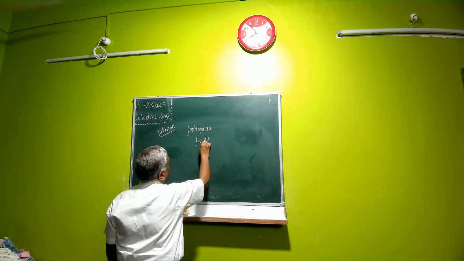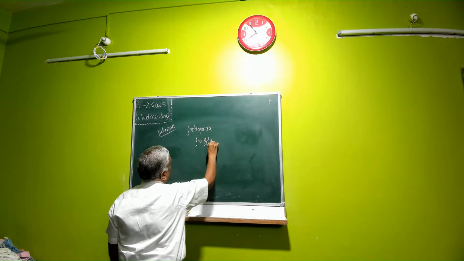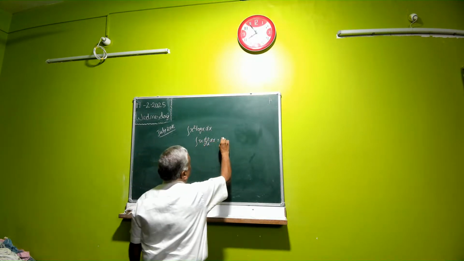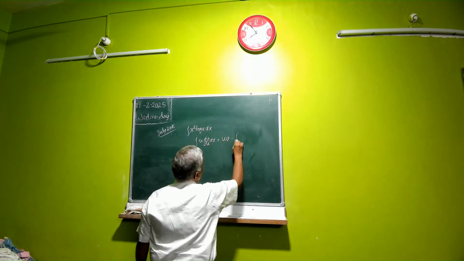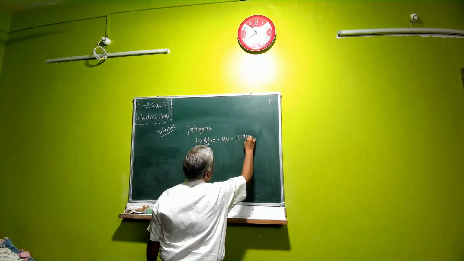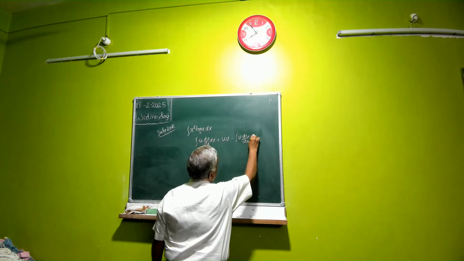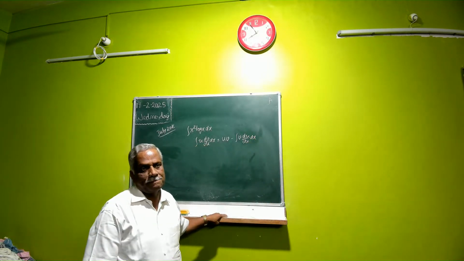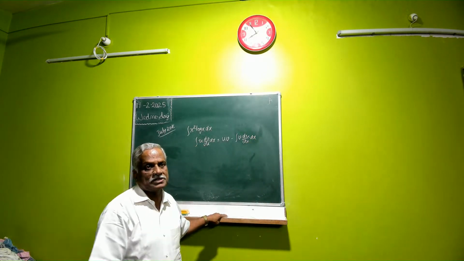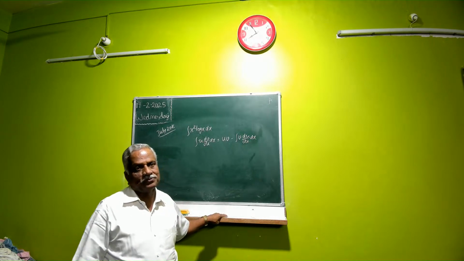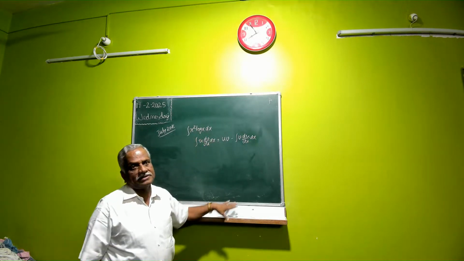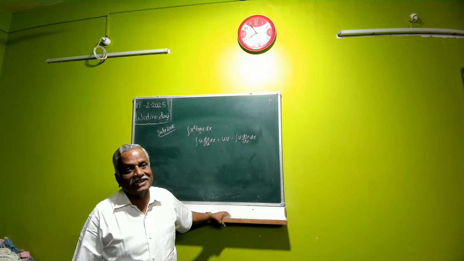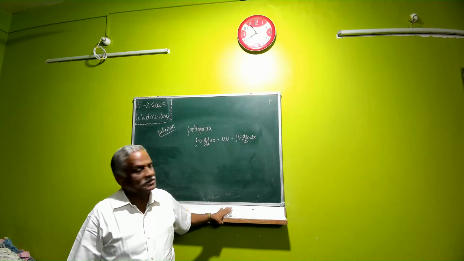So you have to recall the formula of integration by parts. Integral of u dv by dx is equal to uv minus integral v du by dx. You need not write this formula and work. I am writing just to help you to recall. First thing is you should realize it's a problem of integration by parts.